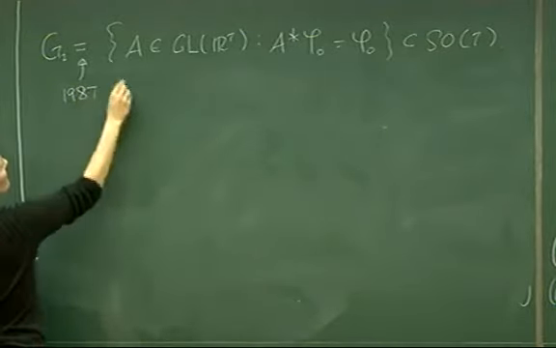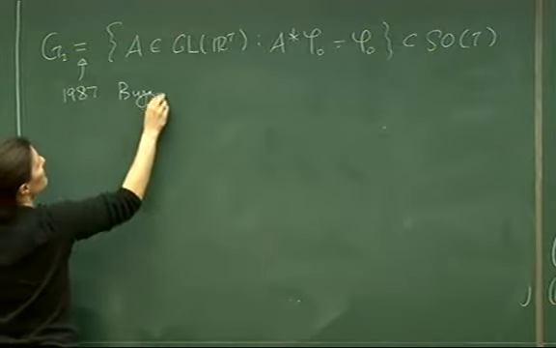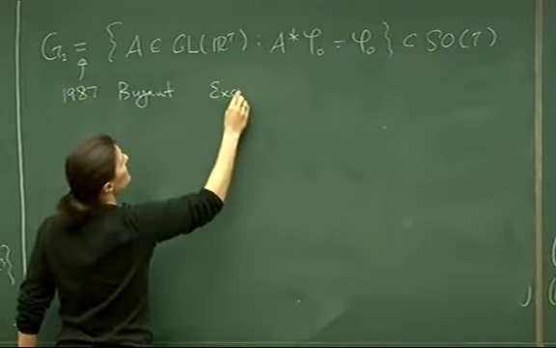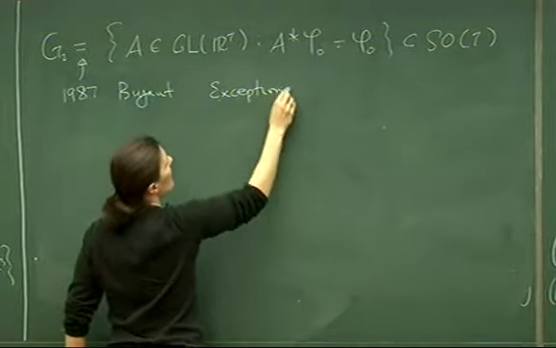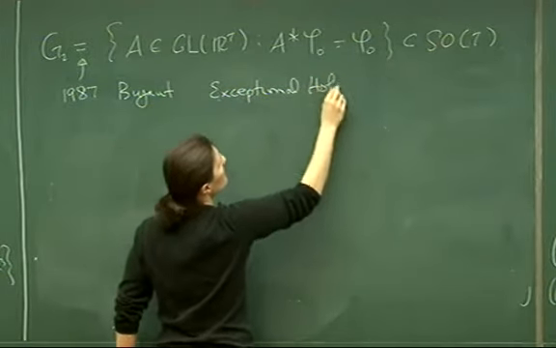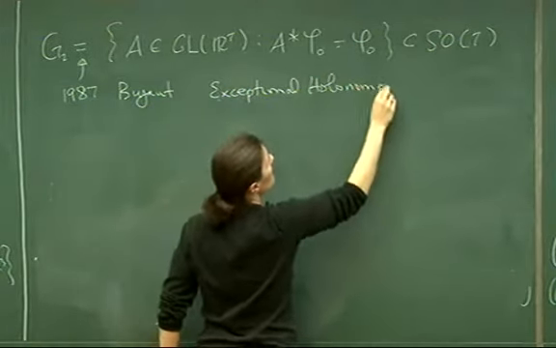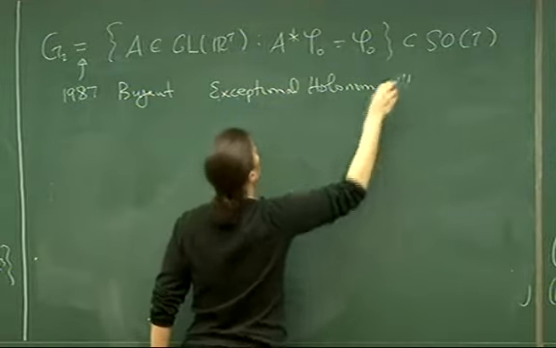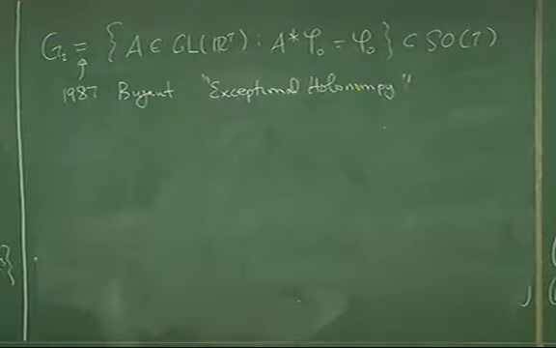Yeah, 1987 by Bryant in that lovely exceptional holonomy paper. Okay. So that's the compact group we're going to be talking about for the G2 manifolds.